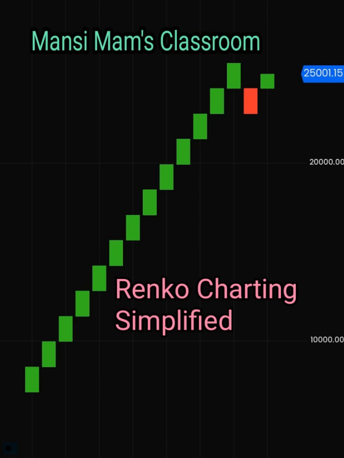So if my brick size is, say, 40 rupees again, my stop might be 40 or maybe 80 rupees below my entry price on a long trade. Exactly that kind of calculation. Provides a defined risk level based on the chart's own structure. Makes sense. And of course, the golden rule always applies. Don't risk more than a small percentage, like 1-2%, of your total trading capital on any single trade. Position sizing is key, regardless of the charting method.